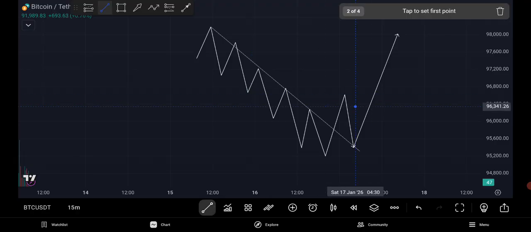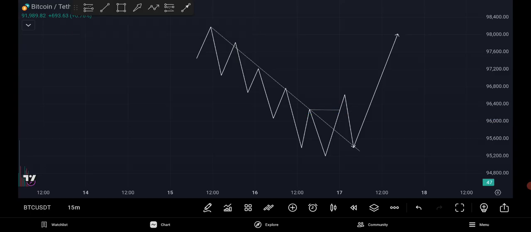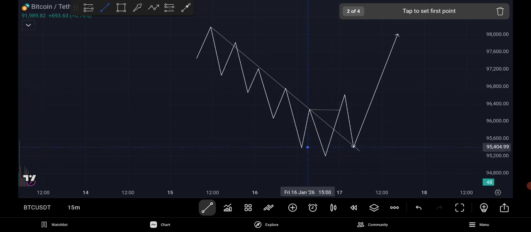So I'll wait for price to break this trend line, just a little bit of price action, it's not the whole part of it. The whole concentration lies on the SMC part. So I close above this higher low, consider it a change of character, and then we'll wait for price to sweep.